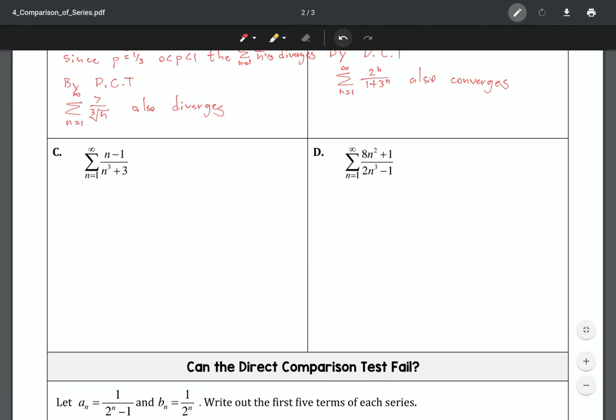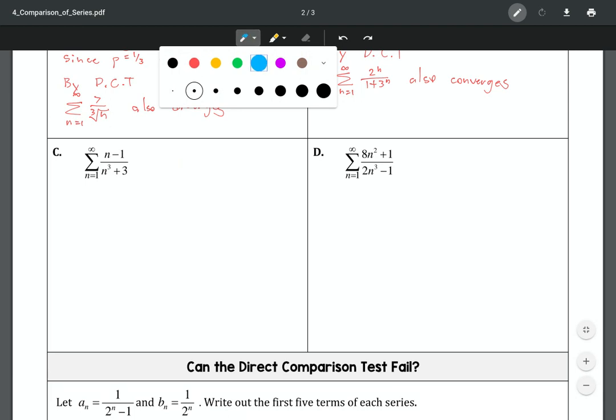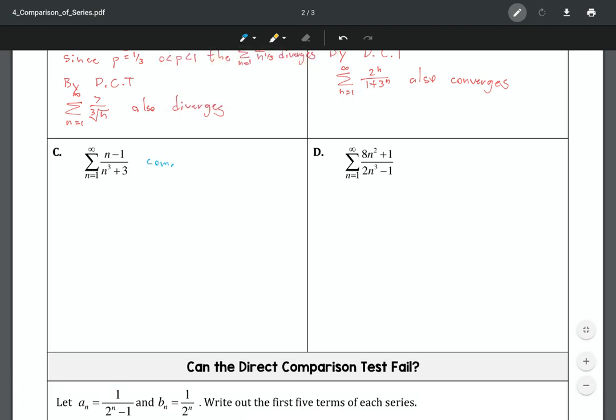All right, so let's go to C. Same thing. We're going to try to figure out an easier series to compare this to. On this one in particular, first of all, notice that I could compare it to this, but if I simplify that, it would actually simplify to this, right?